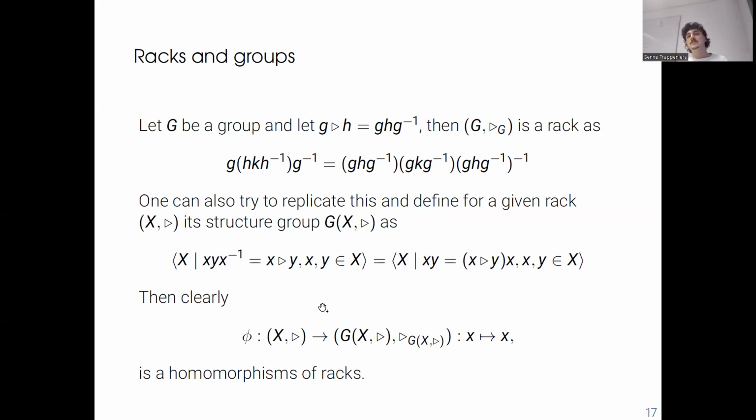If this were injective, then in some sense we would show that every rack embeds into a rack coming from a group. However, it's not always the case that this is injective.